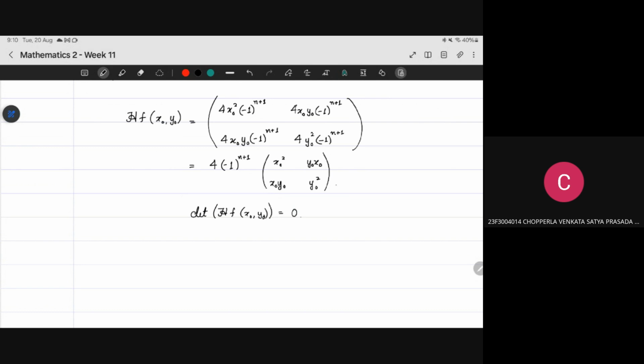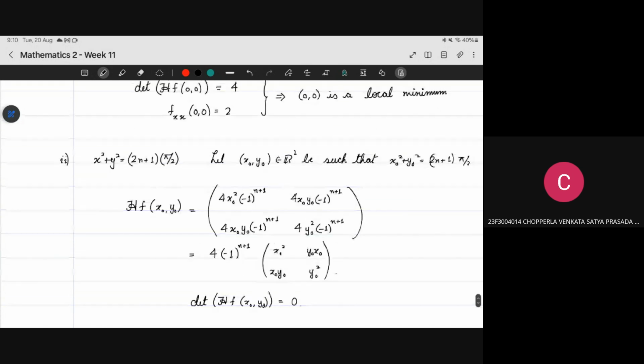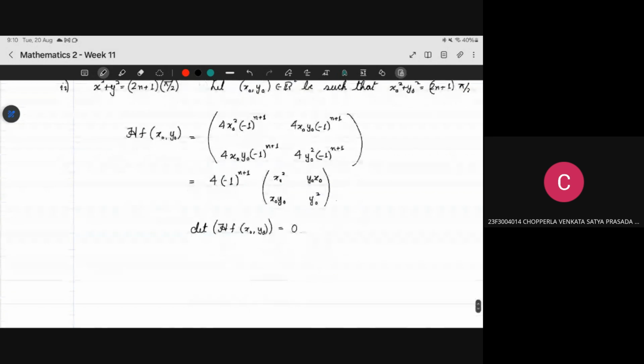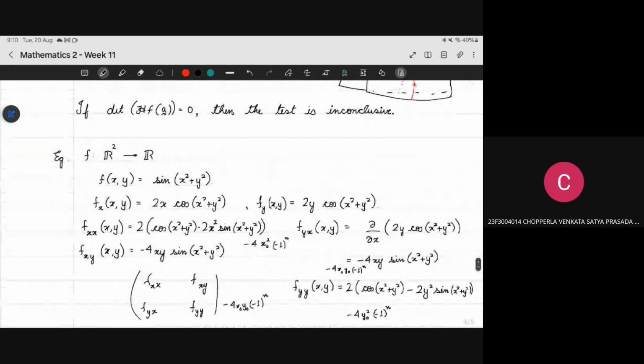If my calculations are not wrong, this will give me determinant of Hessian is 0. And then you cannot conclude. But if you actually go to GeoGebra and draw the graph, you'll see that these points do actually correspond to some minima or maxima, because you can see that f is sine of r, right? This is like sine of r. So it should be like waves in the radial direction.